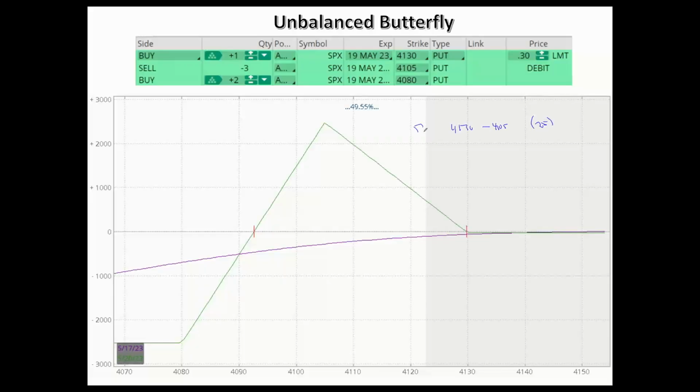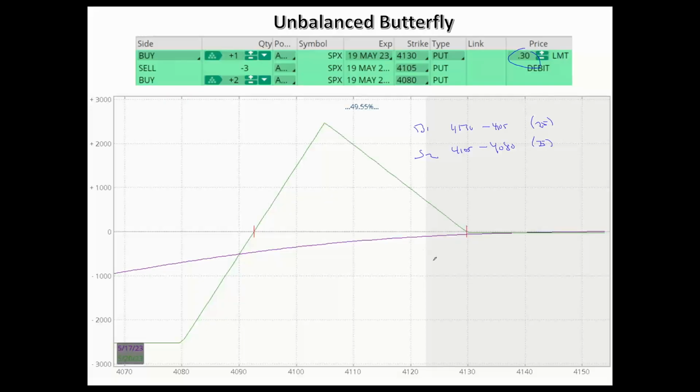We're buying one, and then we're going to sell two of the 4105, 4080, $25 wide spreads. And you see that that's trading at a 30-cent debit.